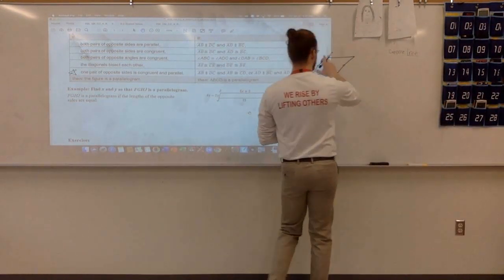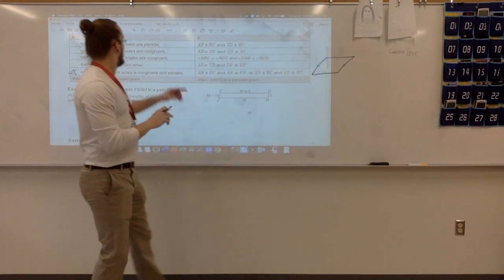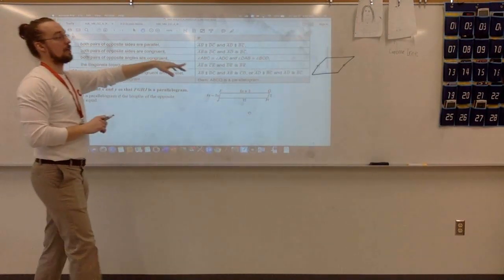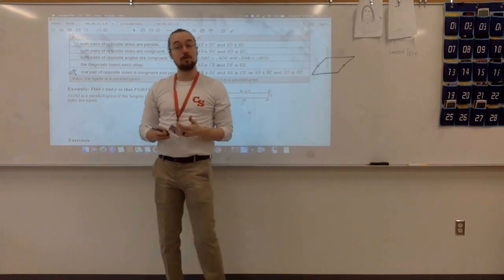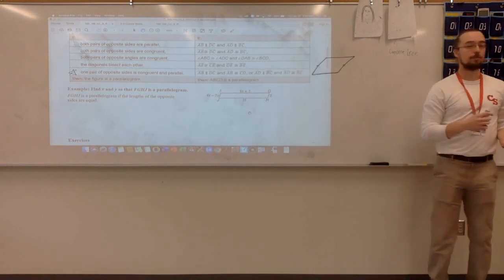I heard some yeses and some no's. If both pairs of opposite sides are parallel, I only gave you one pair of sides parallel. So just one pair wouldn't be enough information.